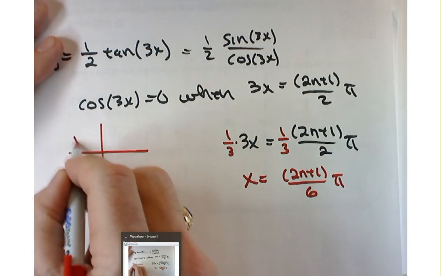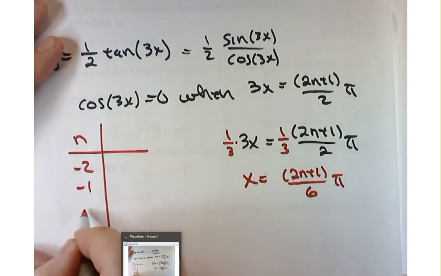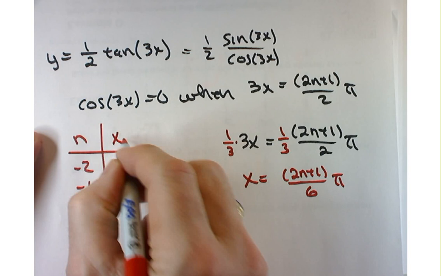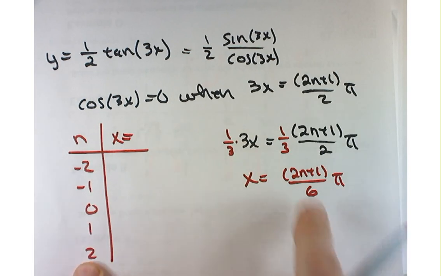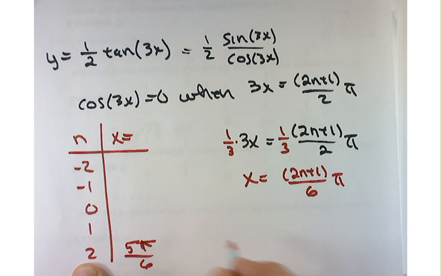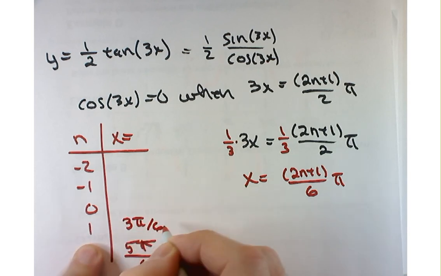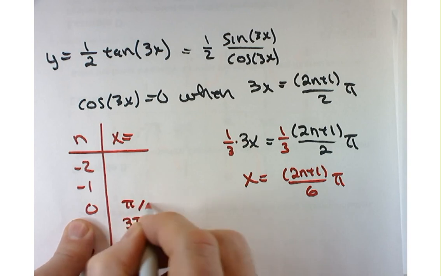So let's do n, and I'm going to pick the traditional slate of points that I've been using for all these kinds of problems, and that is negative 2 to 2. If n equals 2, then I'll get 5 pi over 6. If n equals 1, I get 3 pi over 6. Pi over 6.